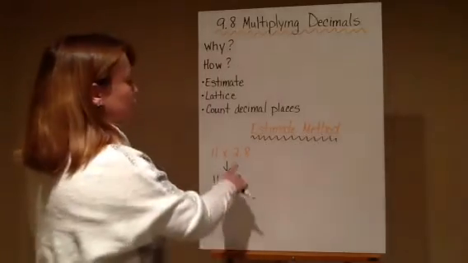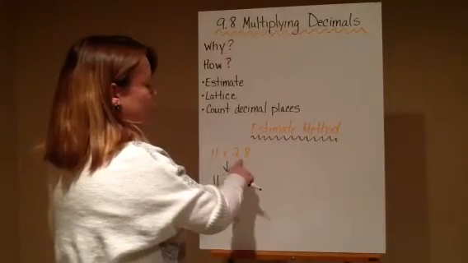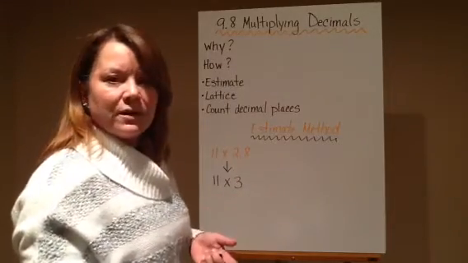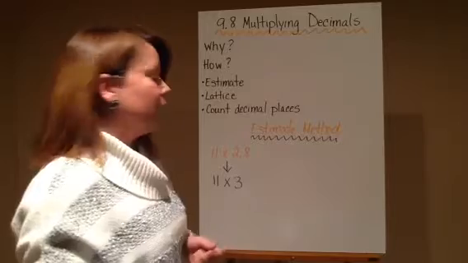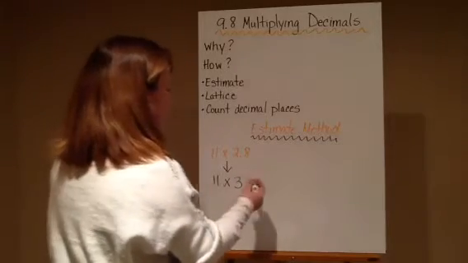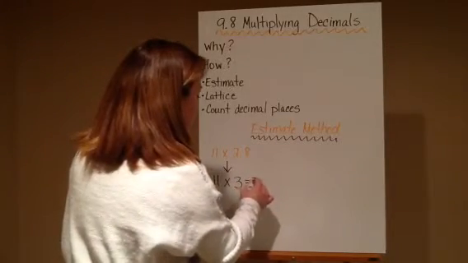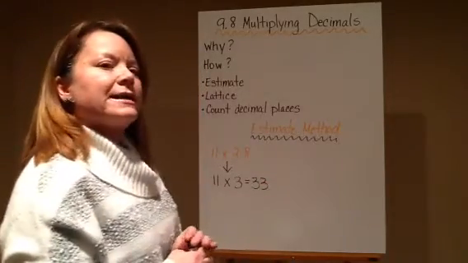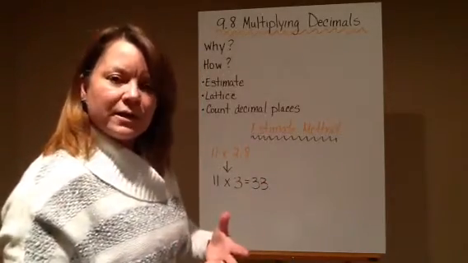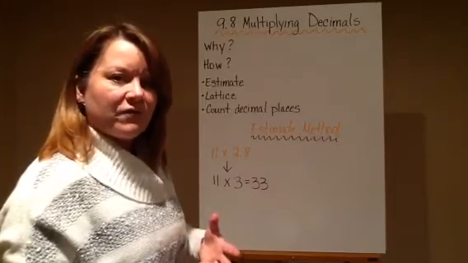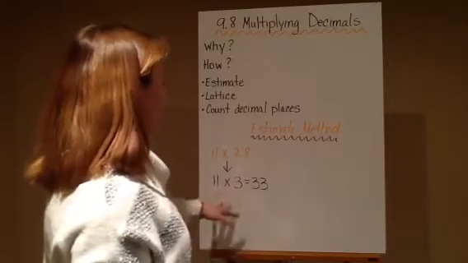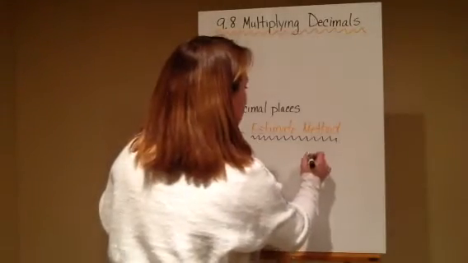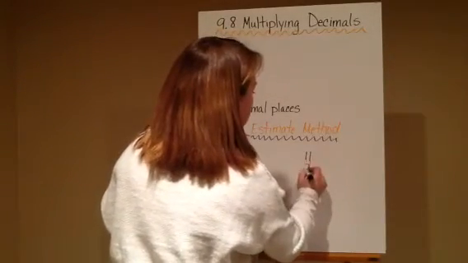Well, the closest whole number to 2.8 is 3. So 11 times 3 equals 33. The reason I'm estimating is that I'm going to try to figure out where to put the decimal point after I get finished. So we estimate the problem, and then we actually multiply without the decimal.